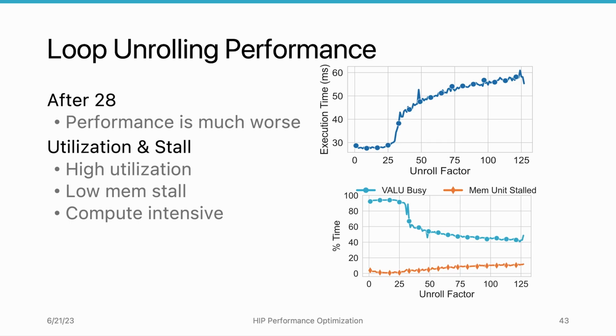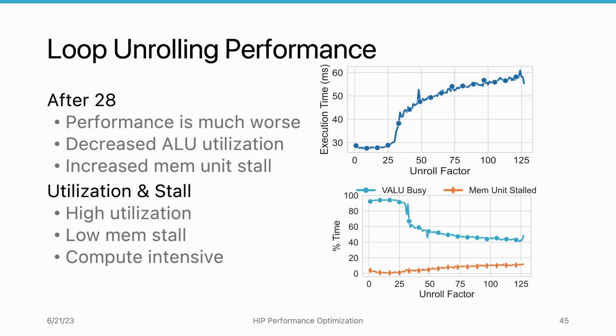But as we increase the unrolling factor, the VALU busy time significantly reduces, down to about 40% of the time. We know a low VALU busy time is a bad thing, so the VALU is not fully utilized when the unrolling factor is large. As we increase the unrolling factor, we see the memory unit stalled very high. From this figure, we also know this image gamma kernel is a highly compute-intensive workload.